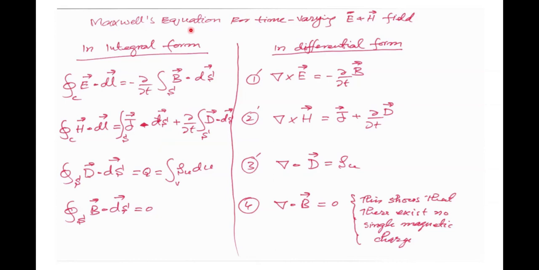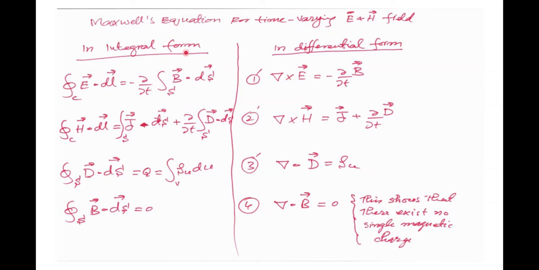The remaining two relations, that is the divergence of D field and B field, remain the same for both the time invariant case and the time varying case. Now how do we write the Maxwell equations for time varying electromagnetic field?